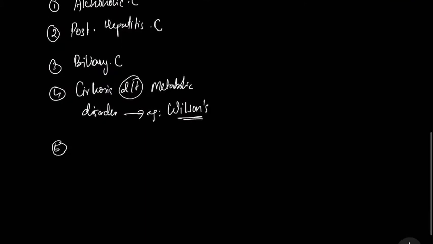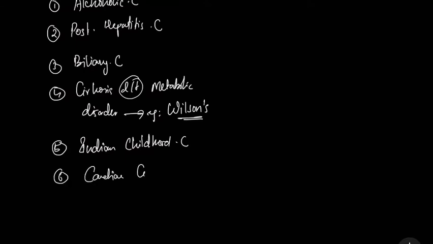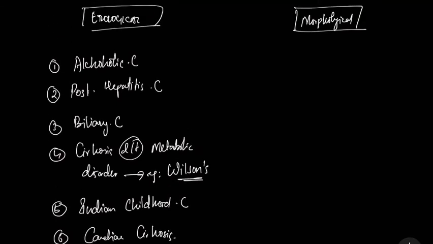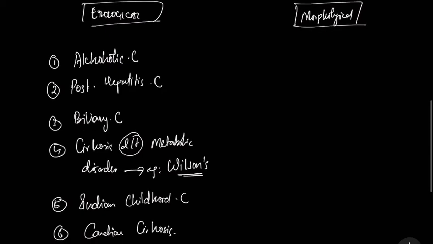Fifth, there is your Indian childhood cirrhosis. Sixth, there is your cardiac cirrhosis. And lastly, we have your cryptogenic cirrhosis. So these were a few etiological cirrhosis. There are more. You can note them down from your textbooks.